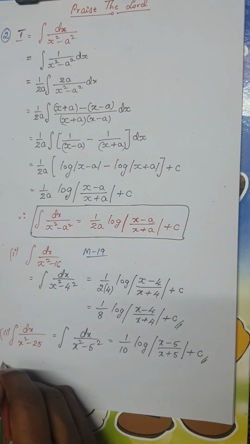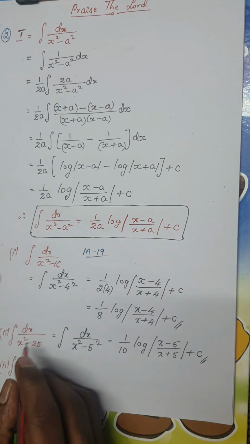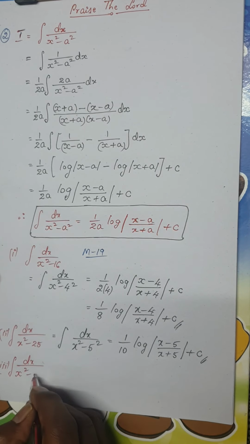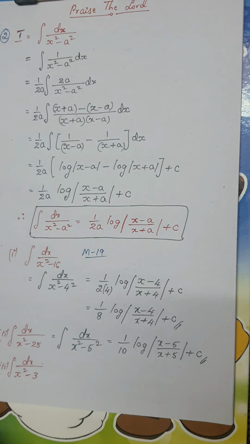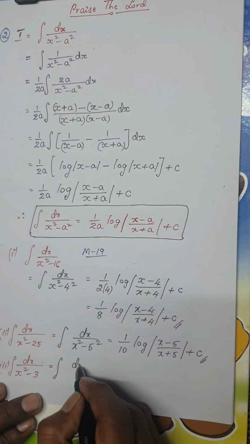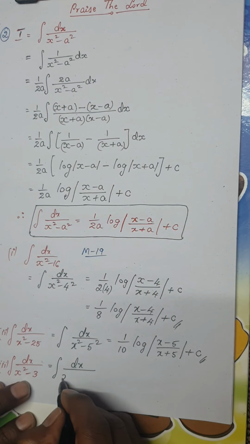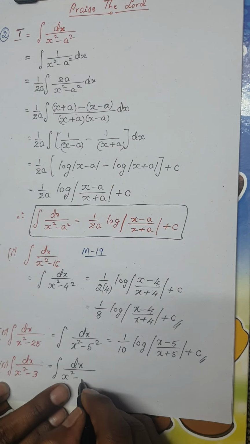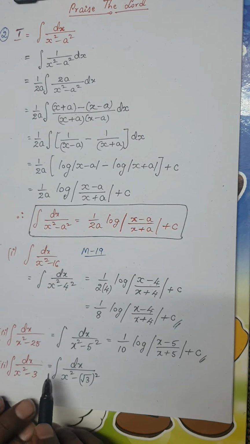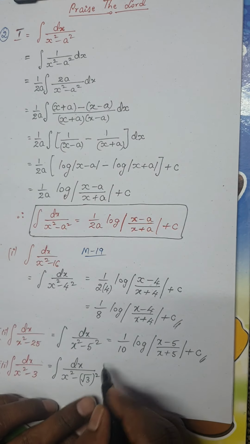In case he gives you the term dx divided by x square minus 3, as we did in the previous cases, this can be rewritten with 3 as root 3 whole square. So this is of the form integral of x square minus a square.